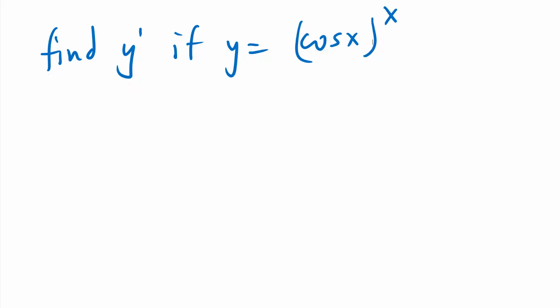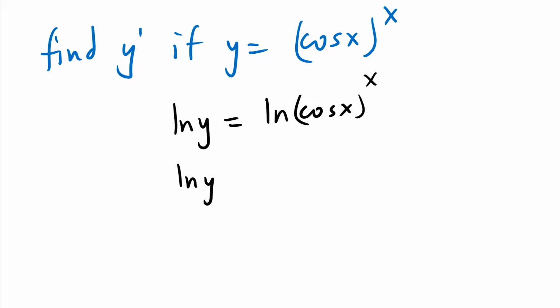Let's do it. So to do this, there's no specific formula to help us find the derivative of a function raised to a function. So we have to use a natural log on both sides, because natural logs have a power rule that allows us to bring the exponent down. So far, no calculus yet, just natural log on both sides.